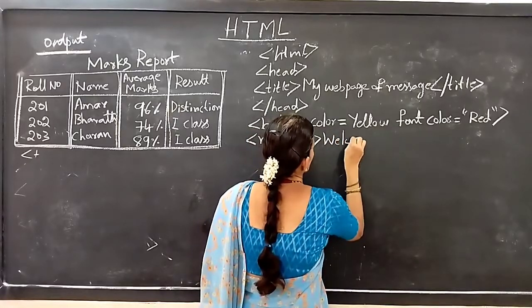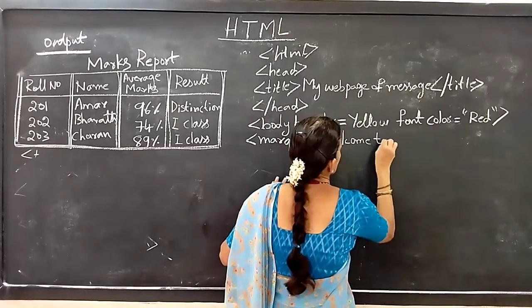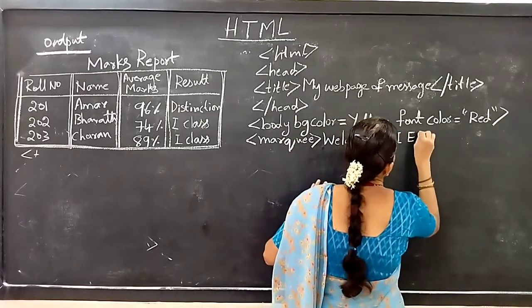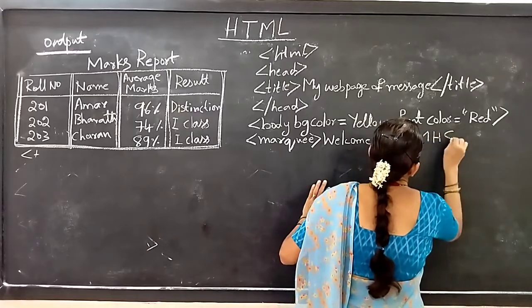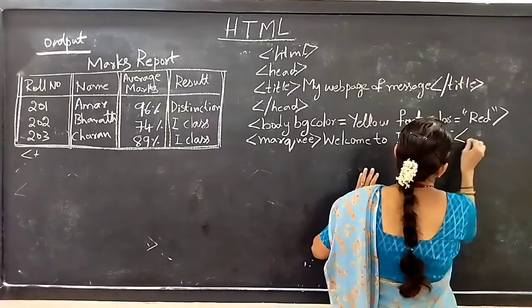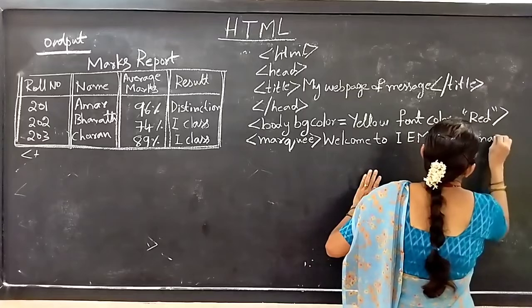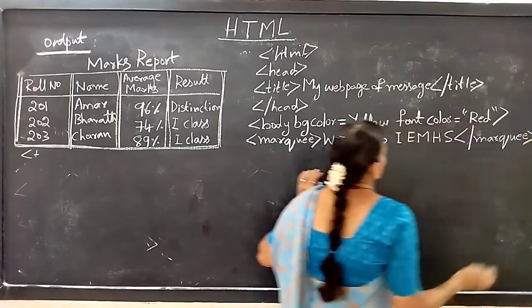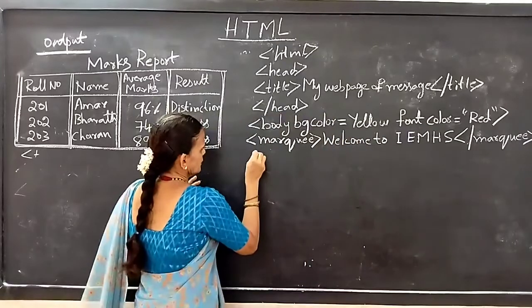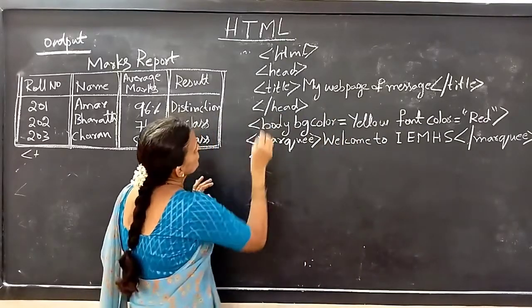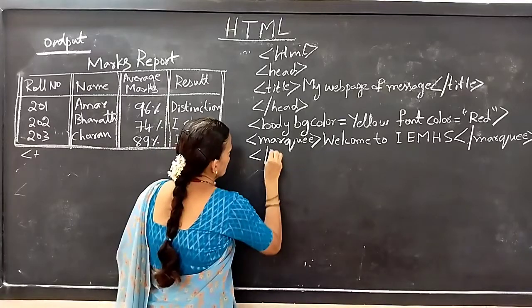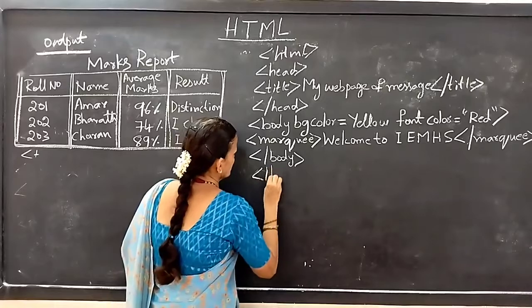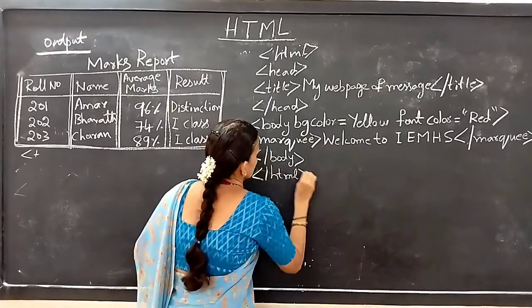Welcome to, and we'll write our school name, Indrali English Medium High School. Okay, then close that marquee tag. And then we can write the close tags for body, then slash HTML. This is the small example.